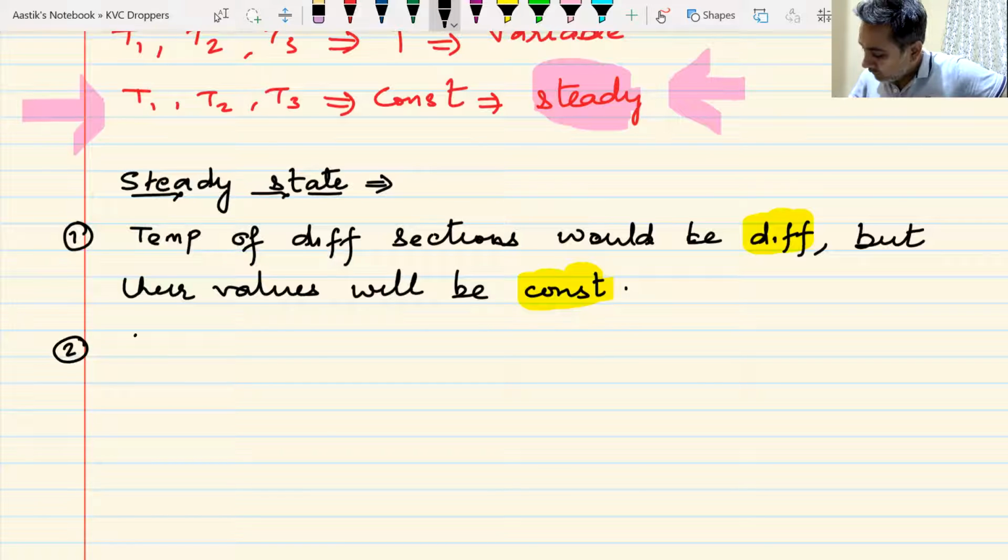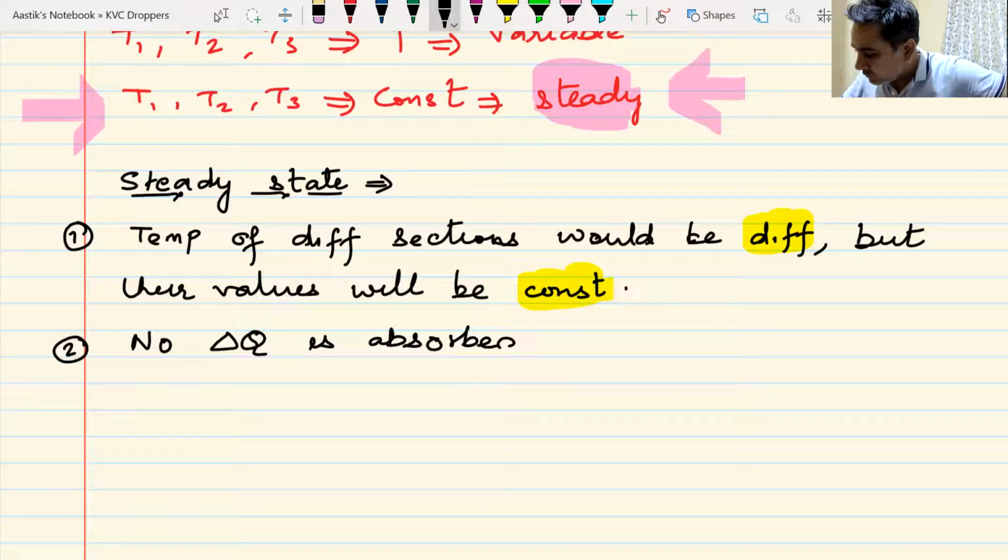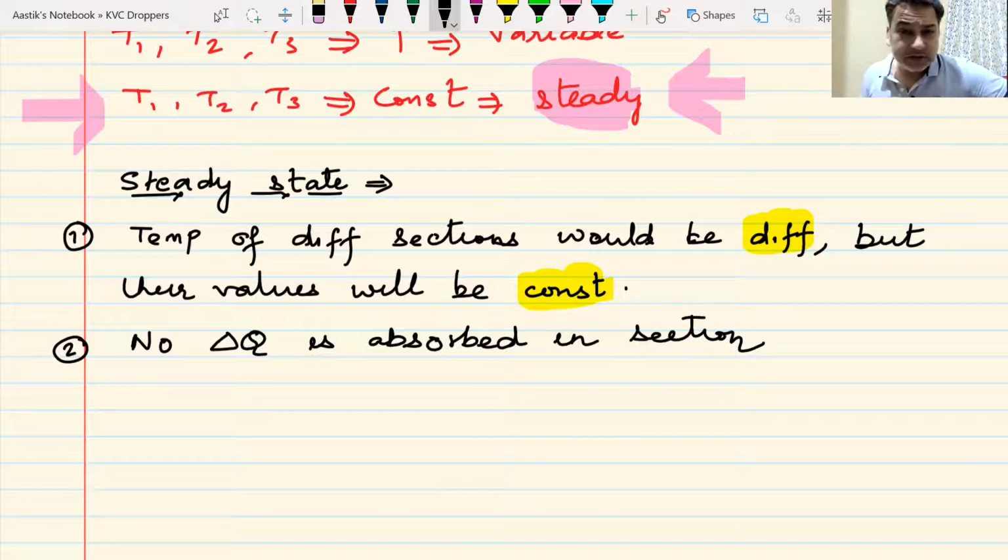Okay. No heat is absorbed. Delta Q means heat. No heat is absorbed in the section. That means whatever heat is entering one section, the same amount of heat is leaving the section.